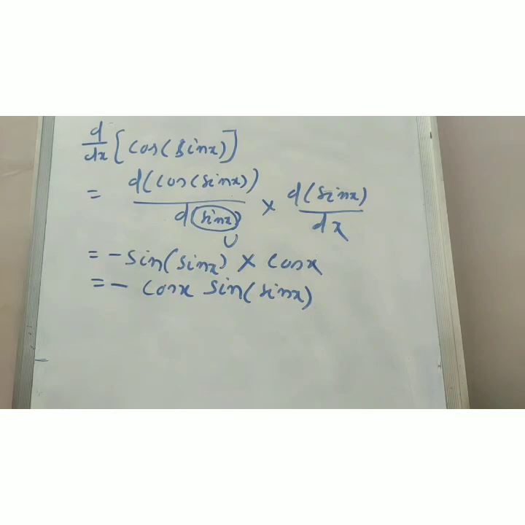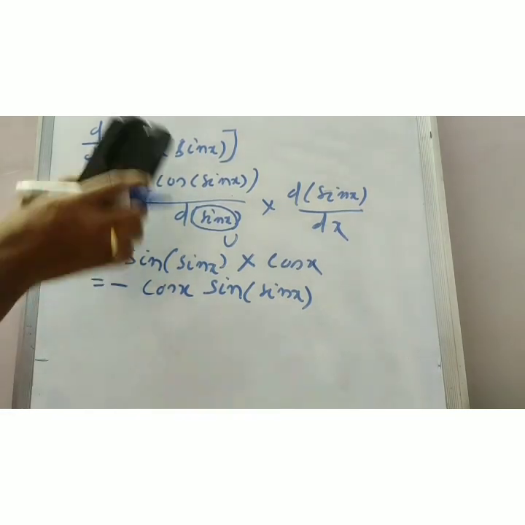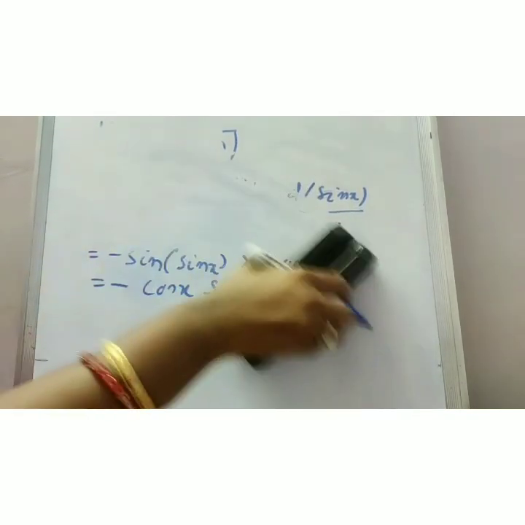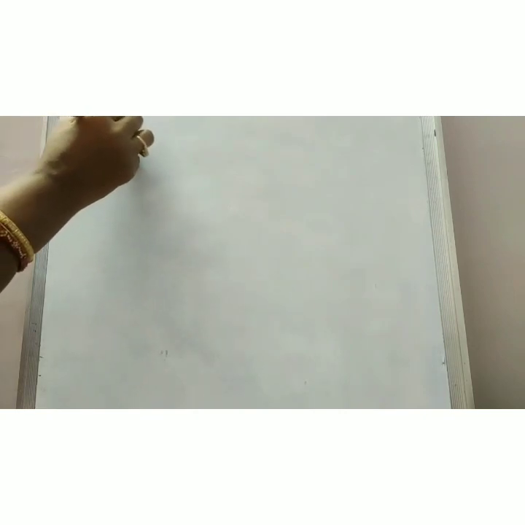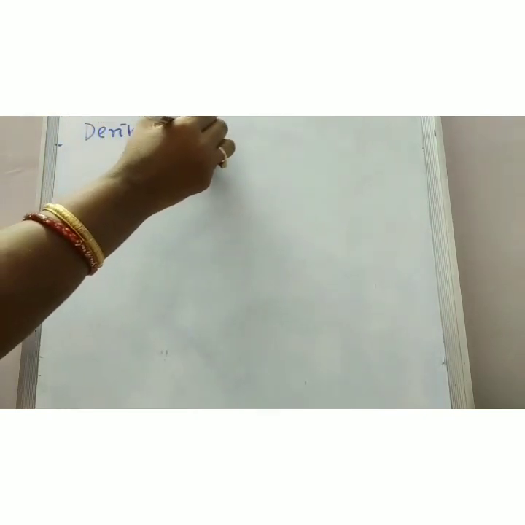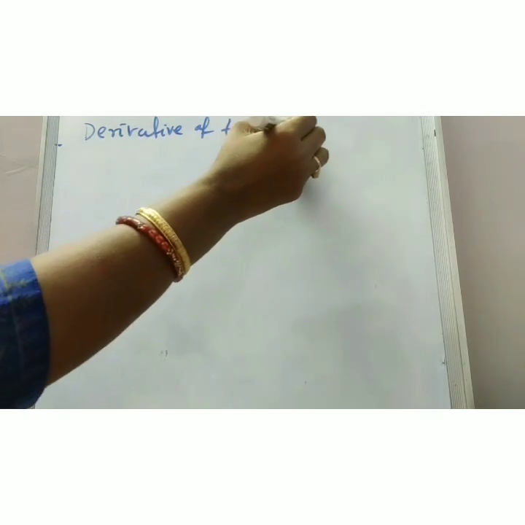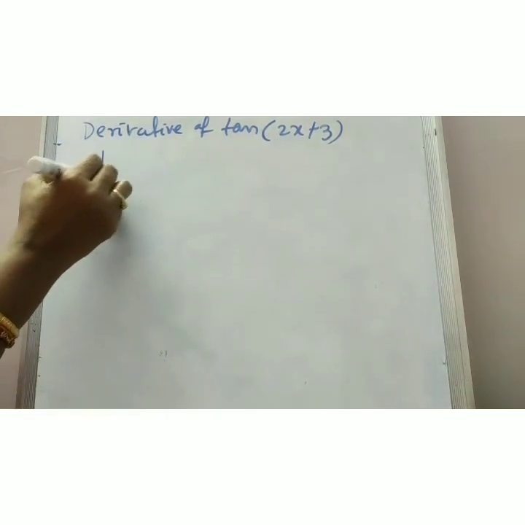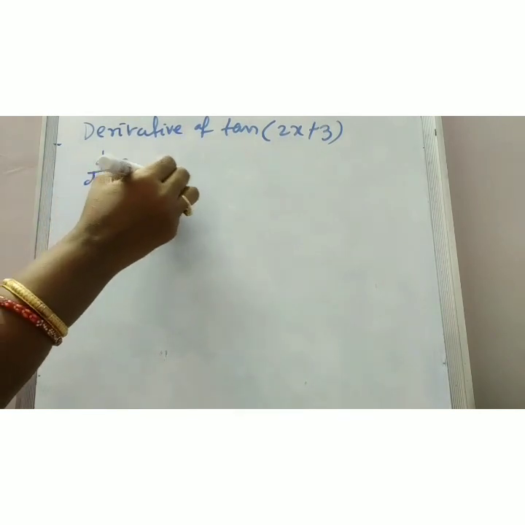Now let us take another example. What is the derivative of tan 2x plus 3? This is also a composite function, so we will apply the chain rule. Now what is d by dx of tan 2x plus 3?